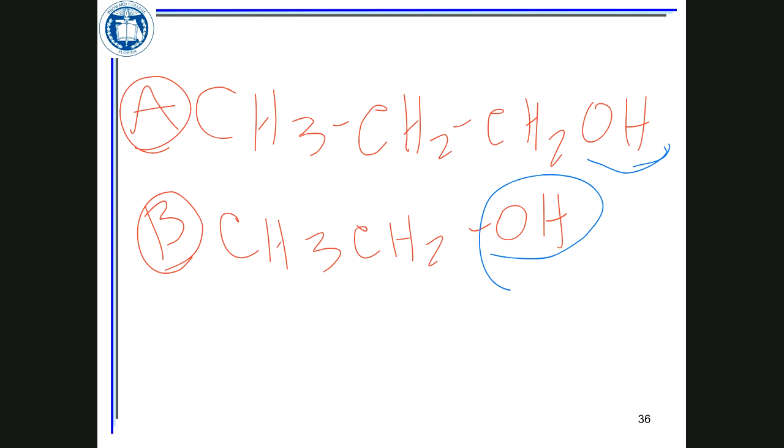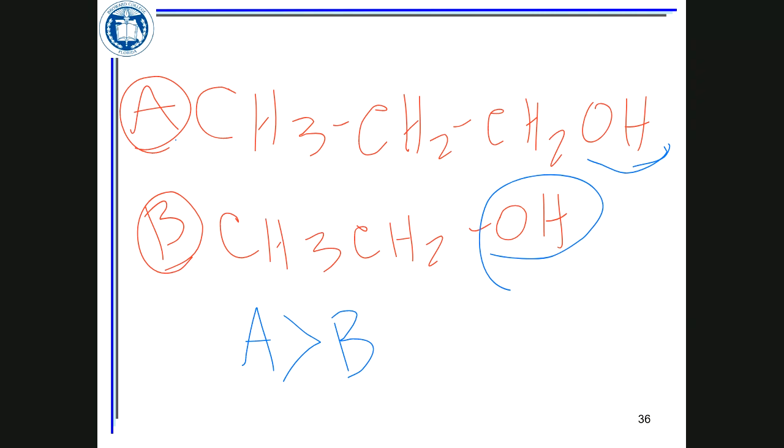So what makes A have higher boiling point than B? The larger carbon chain means a larger molecule. So London dispersion is going to be greater for A compared to B. So hydrogen bonding is the same for both of them, but A has greater London dispersion.